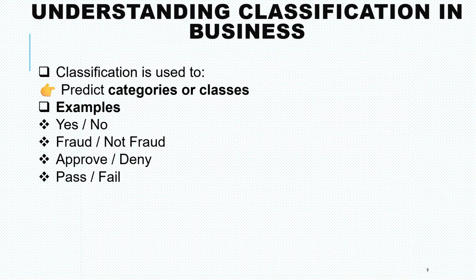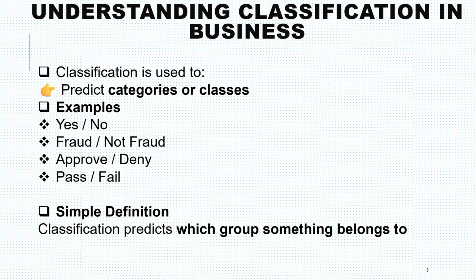We just want to see groupings of failed students against past students. So the simple definition for classification can be this. Classification predicts which group something belongs to.